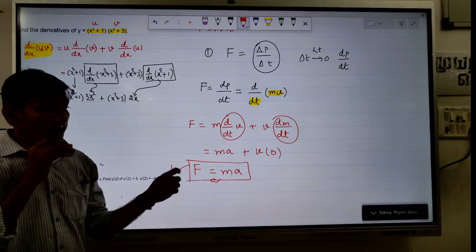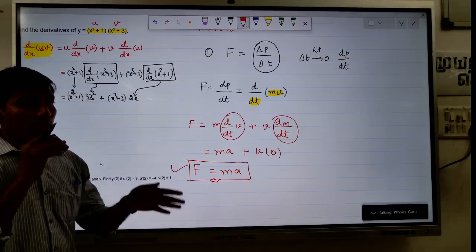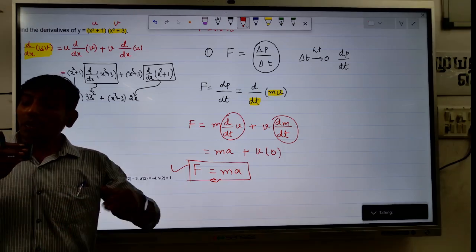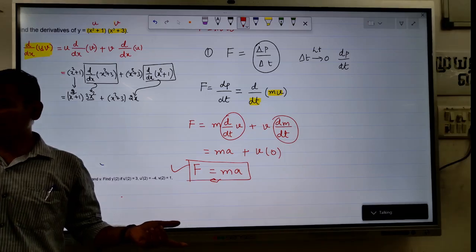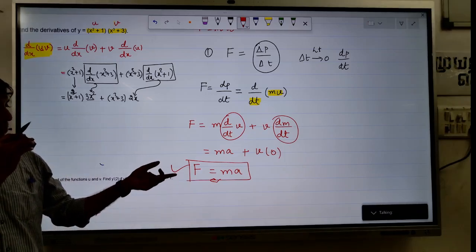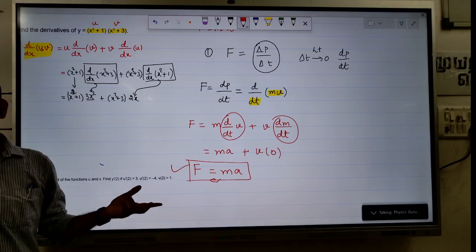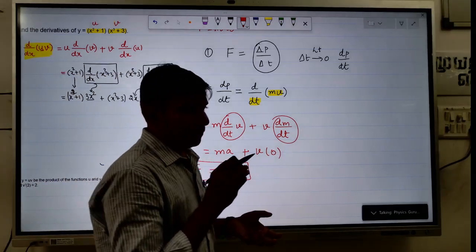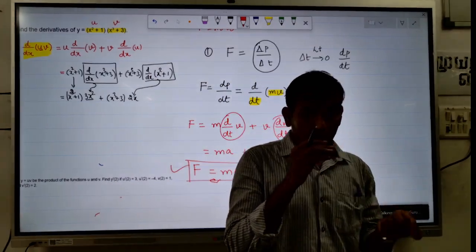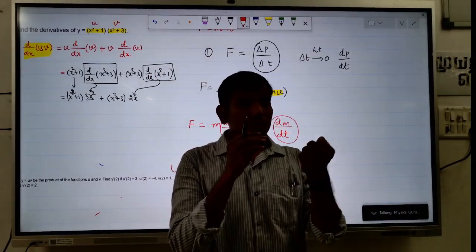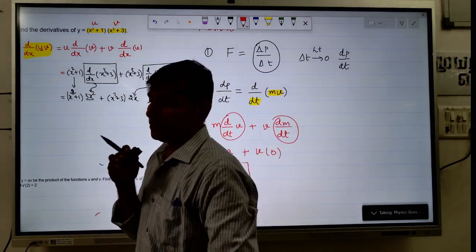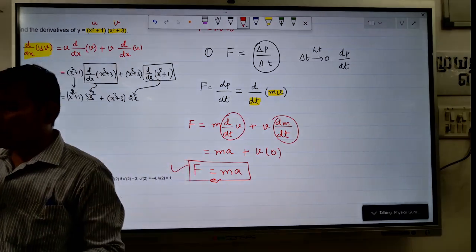Because F is equal to ma is applicable only if I assume that my mass is constant. Otherwise, this term turns out to be invalid. Got it? So in your 9th grade, your physics teacher could have taken a little extra effort to focus on the necessary conditions before we apply any law.